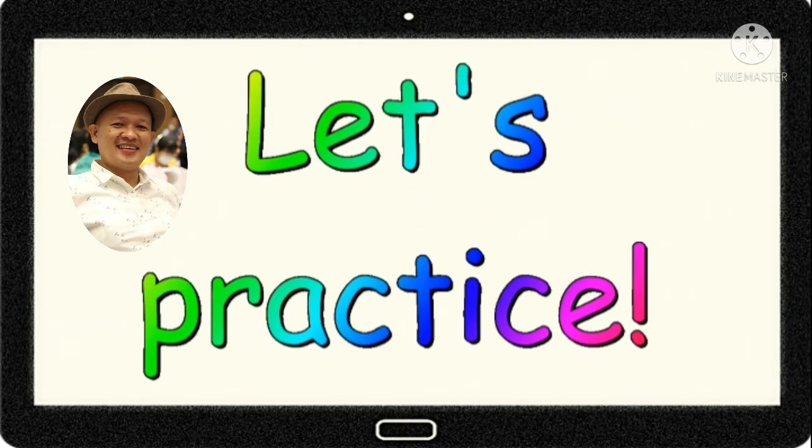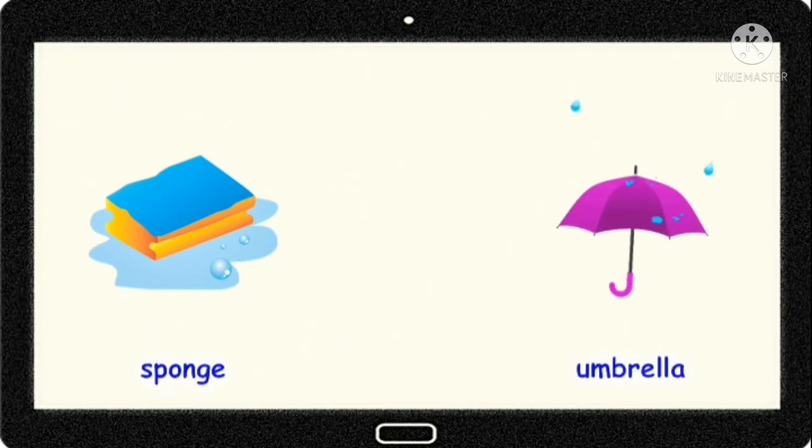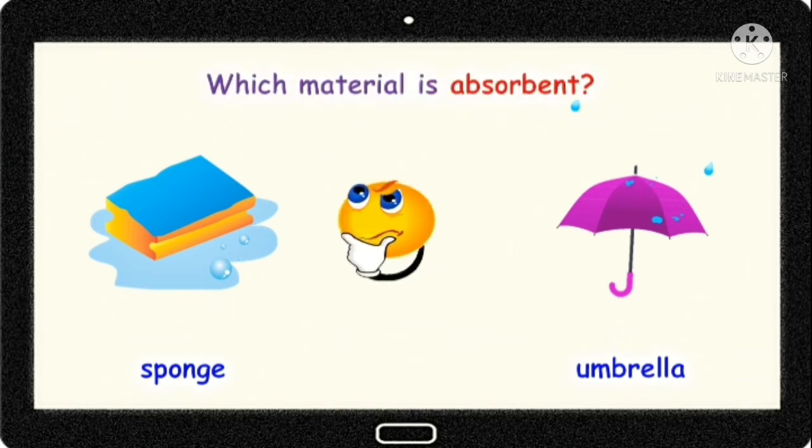Now, let's practice. Sponge, umbrella. Which material is absorbent?